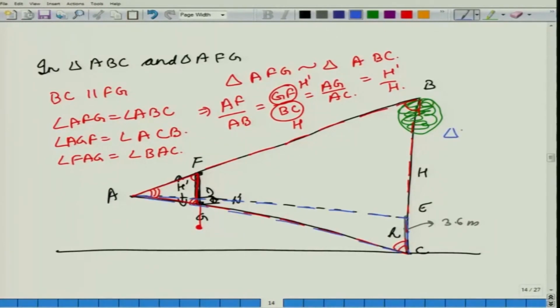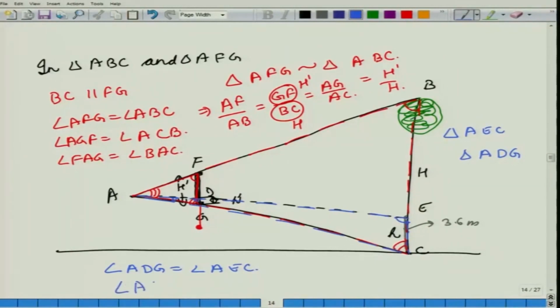Now we consider these two triangles, triangle AEC and triangle ADG. In both these triangles we have a common angle. So, angle ADG is equal to angle AEC because again we have two parallel lines that are intersected by a line.